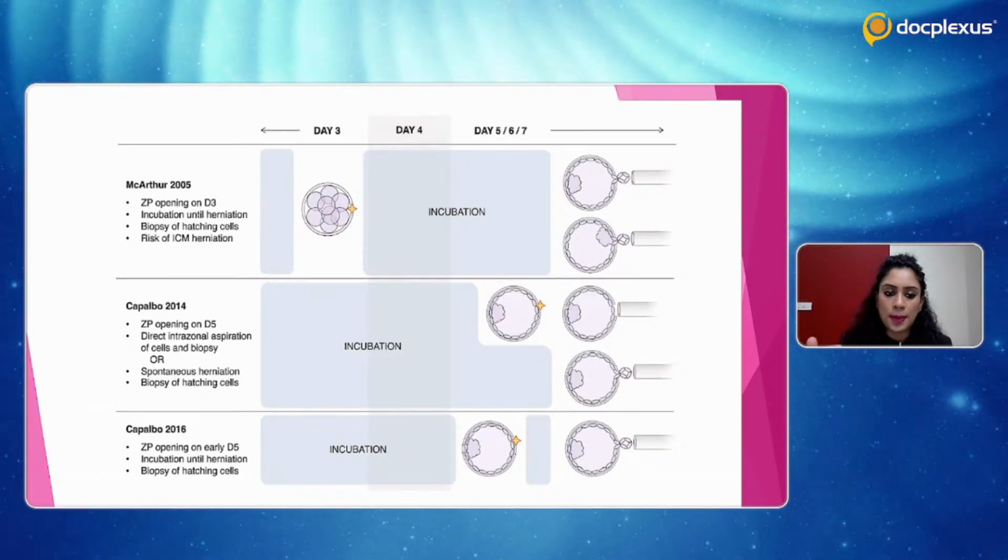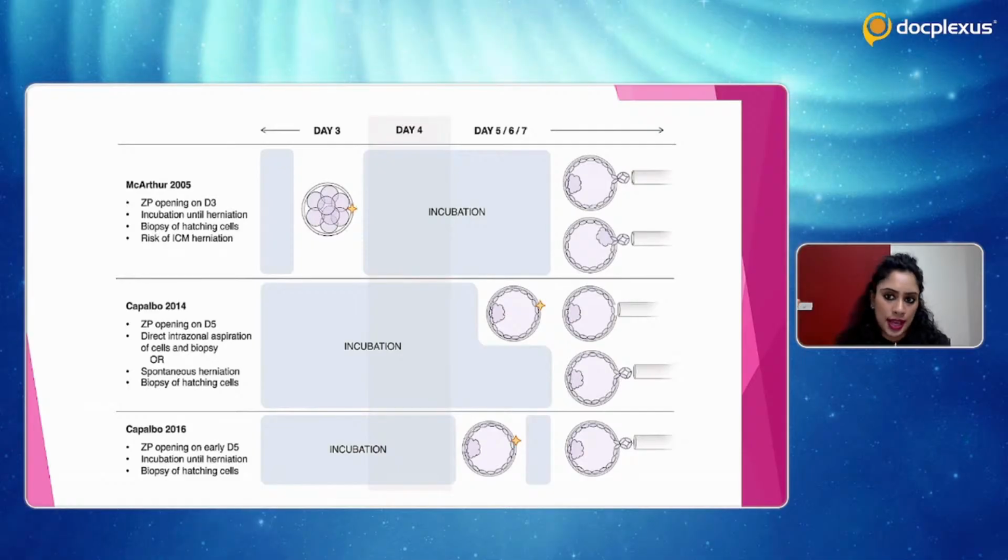From 2005 up until 2016, the evolution is that in the first go, the zona pellucida opening was conducted on day 3. Then it was incubated until herniation, until they start hatching. Biopsy of the hatching cells was done, and it came with a risk of even the inner cell mass being herniated along with the trophectoderm cells.